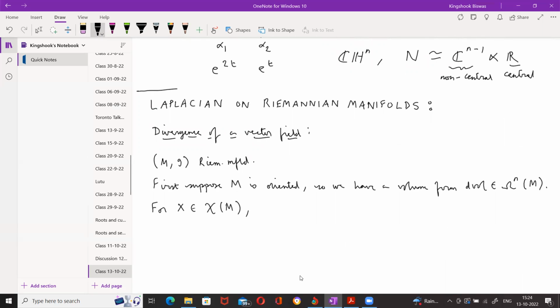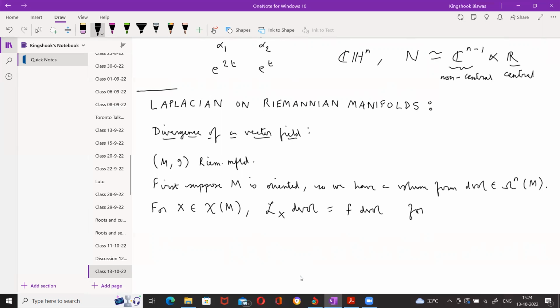we know that if I look at the Lie derivative of the volume form, then this is again going to be an n-form. Any n-form is going to be a function times the volume form, because the volume form is everywhere non-zero.